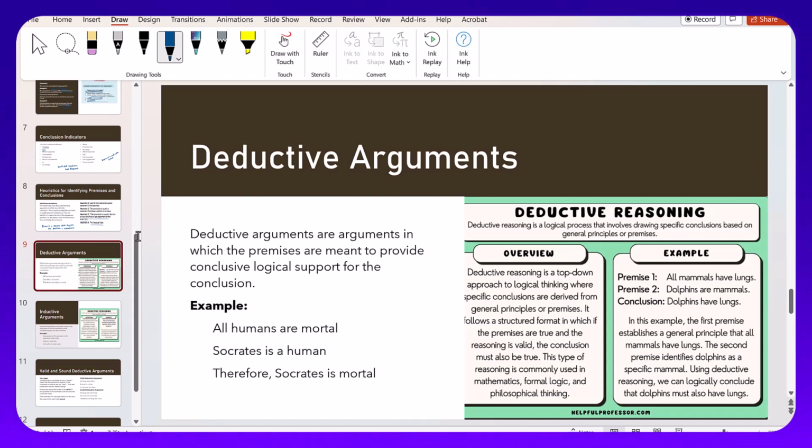A deductive argument is said to be valid if it isn't possible for the premise to be true and the conclusion to be false. That's super important here. And I put them down here too. We'll look at those in just a second. But the idea with a valid deductive argument is, if you accept the premise to be true, you could have something false, like all humans are mortal, okay?